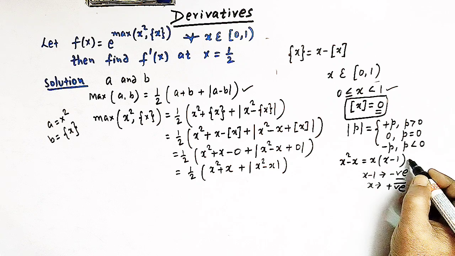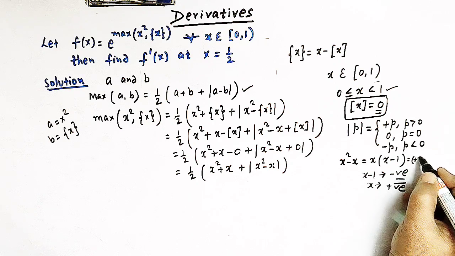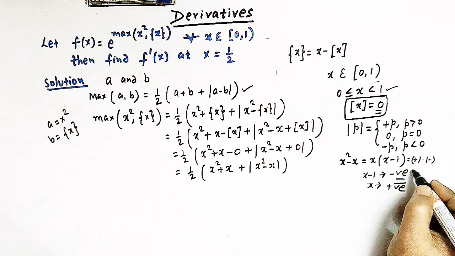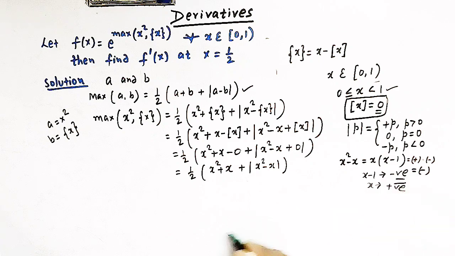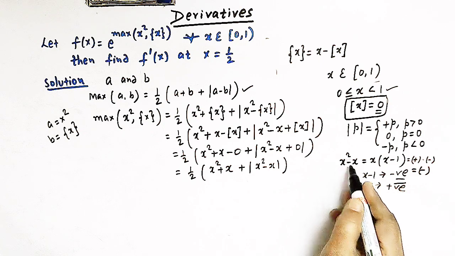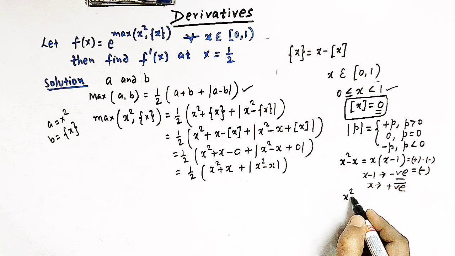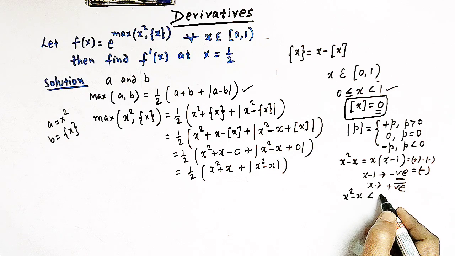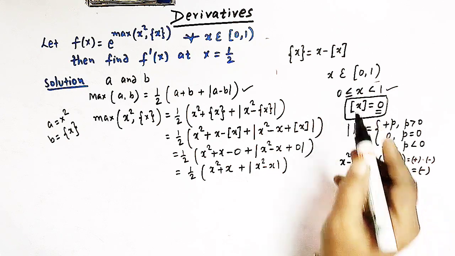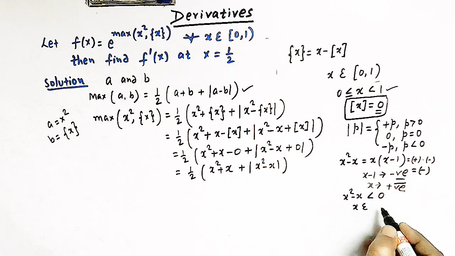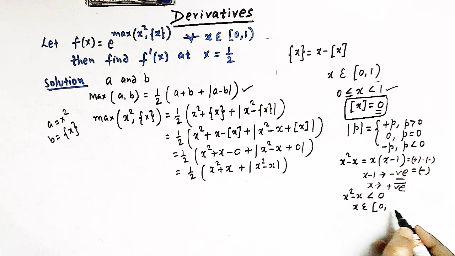So here we can write positive times a negative, so this becomes a negative, right? So x square minus x is always going to be less than 0 for all x belonging to this interval, that is 0 comma 1, right?